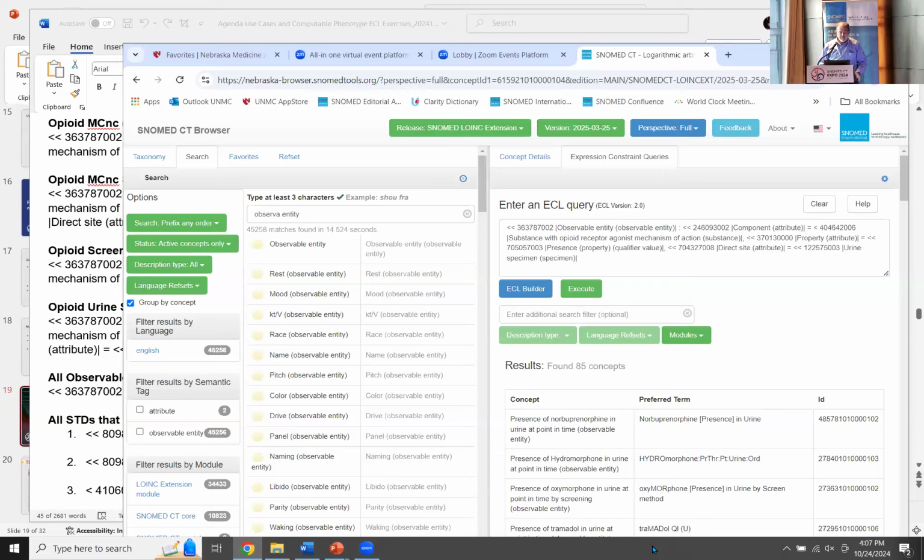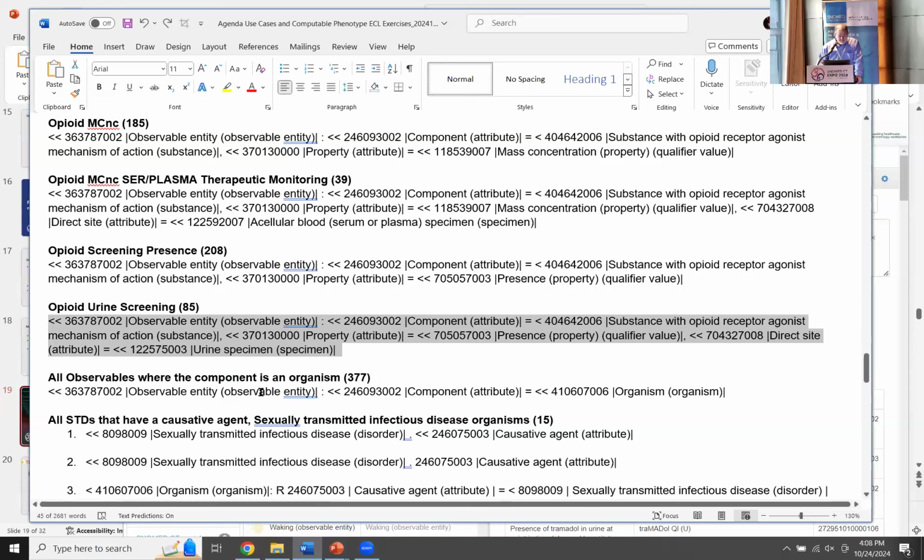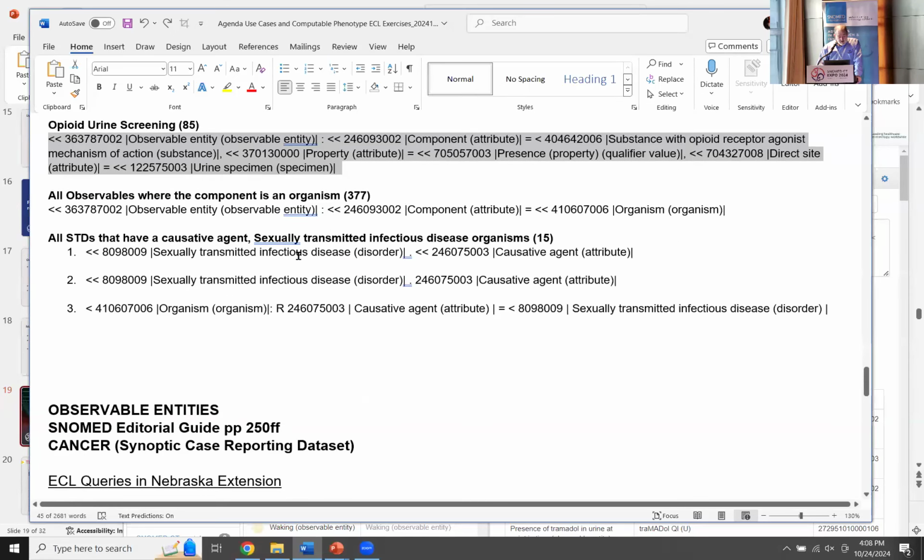And so I don't want the forest to get lost by looking for the trees here. So the fun one that I was working on, this basically is looking for all observables where the component is an entity.